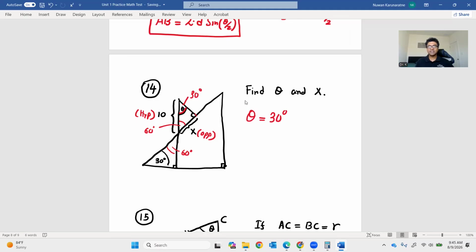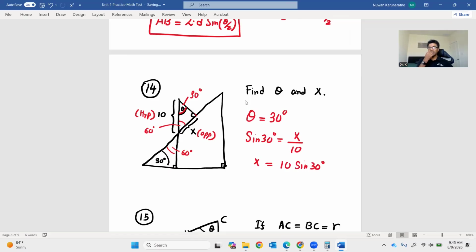And since that is 30 degrees, the opposite always goes with sine. So you should clearly see sine 30 degrees is the opposite, which is x, over the hypotenuse, that's 10. So x is going to be 10 times sine 30 degrees.